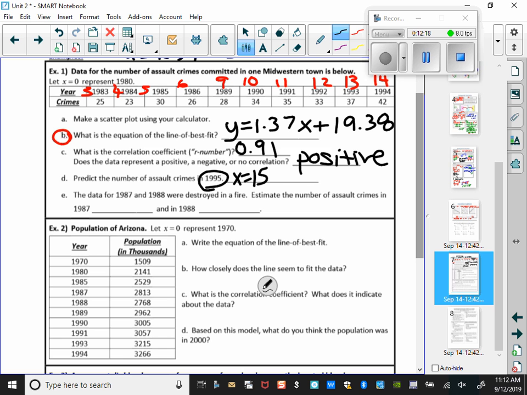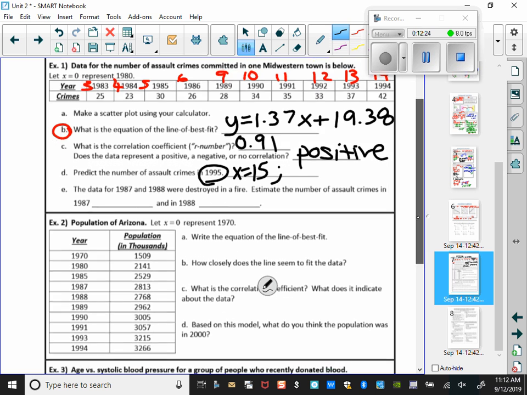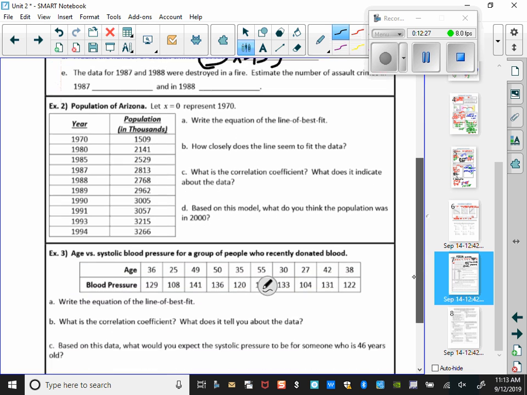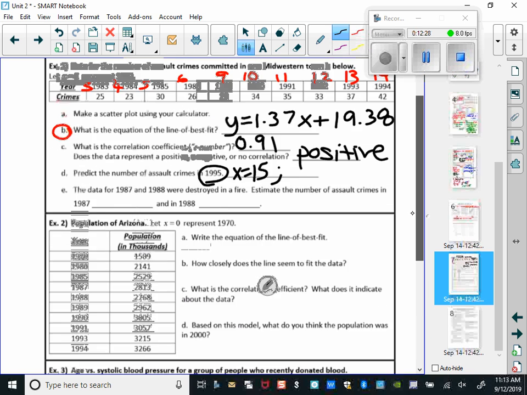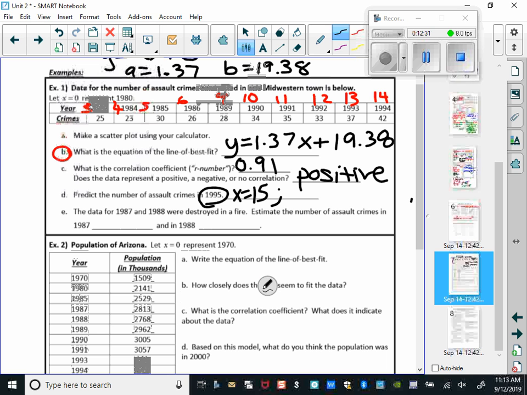So input 15 into your x. What did we find our output to be? The store reg EQ is not a part of these parts here. I'll show it to you again when we get to another problem like it later on. When our input was 15, what was our output? 39.92.